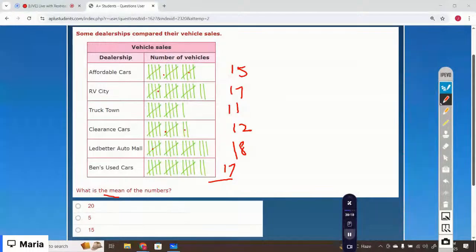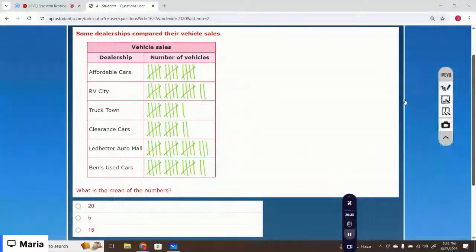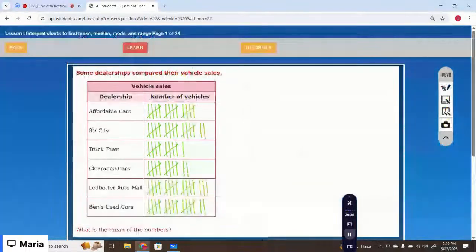That is 90. And they are 6 in number, so just divide it by 6. So 90 divided by 6 is 15. The correct option is 15. So the mean of the given numbers is 15. Option number 3 is the correct option.